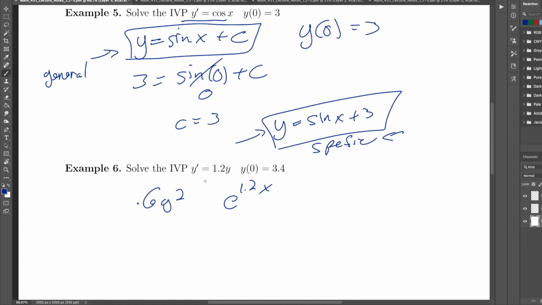Let's do this very correctly. So let's take its derivative. I get 1.2y. Ah, I see what's going on here. This is not a function of y. This works if y prime equals this. I know why it's not working, but it's not coming to me. Let me see if I can make it very clear.